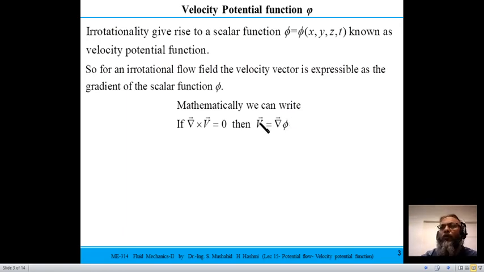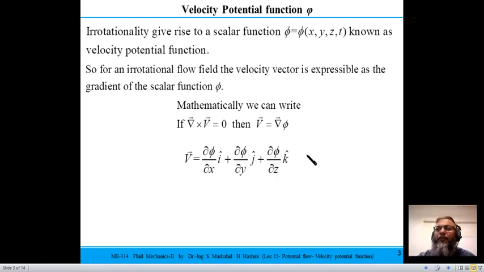Once you know the velocity field, it means we know the components of the velocity. So the idea of a scalar velocity potential function works only for flow fields which are irrotational. If the curl is not equal to zero, then this would not be true.